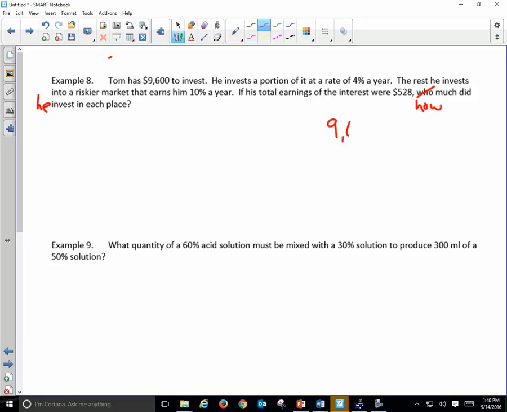Number one, we have 9,600, which is the total amount of his investment. How many places is he investing his money into? 2. So we have place A and we have place B. Somebody give me an equation that involves A, B, and 9,600.